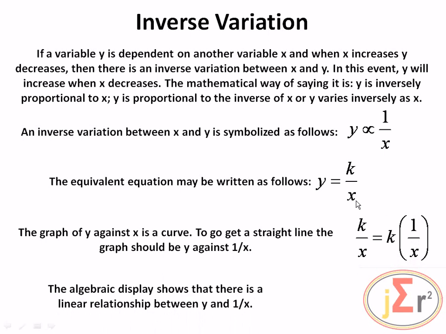So let's write it there. y is equal to k multiplied by 1 over x. And of course, the equation of the line is y is equal to kx, or y is equal to k times something. But what we are using in this event is 1 over x. So there's a linear relationship between y and 1 over x.